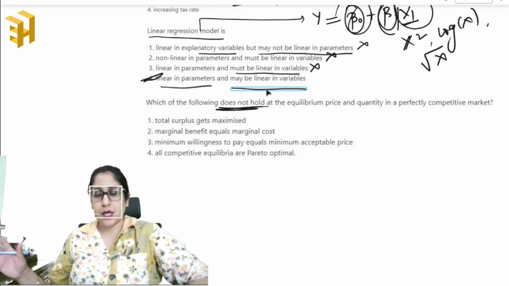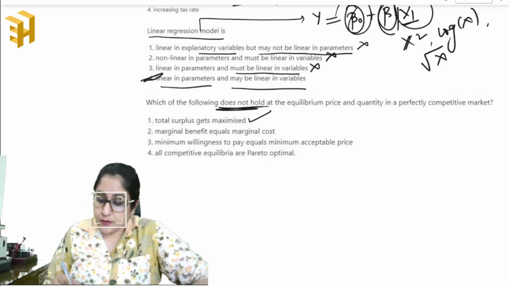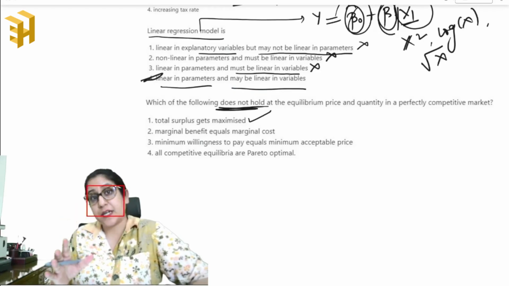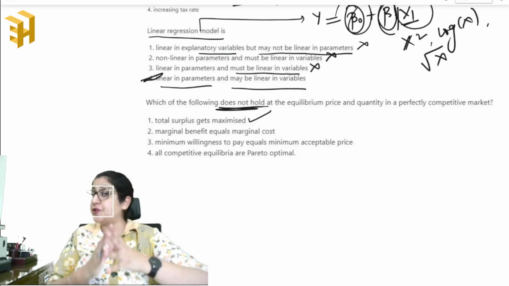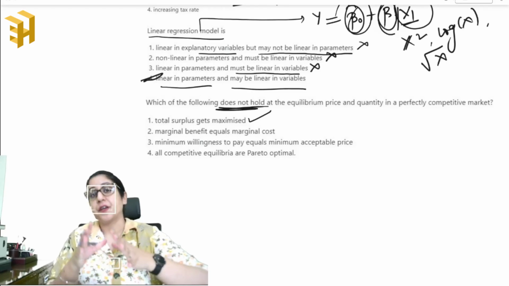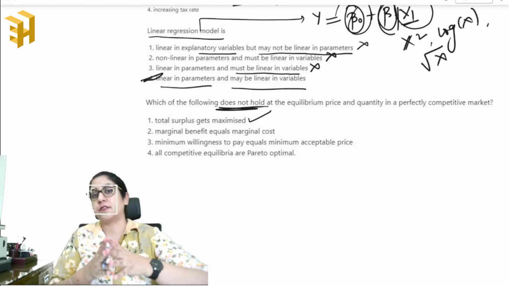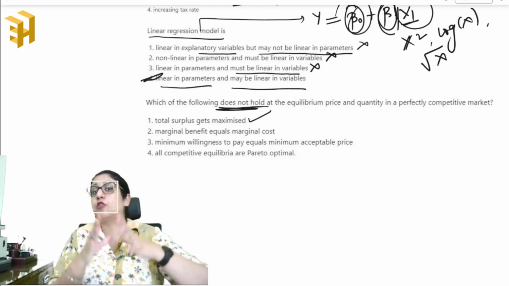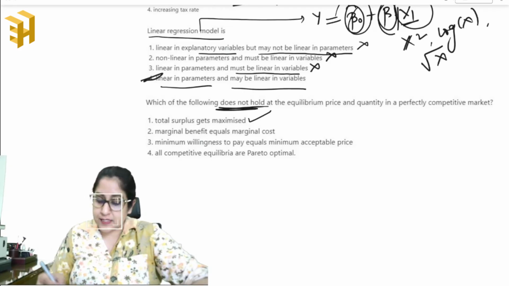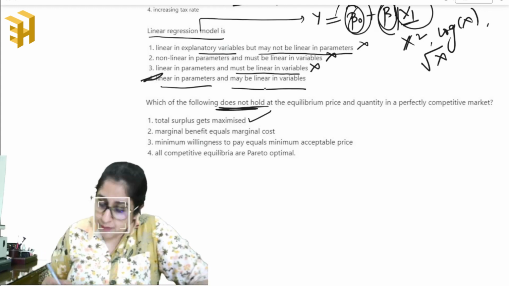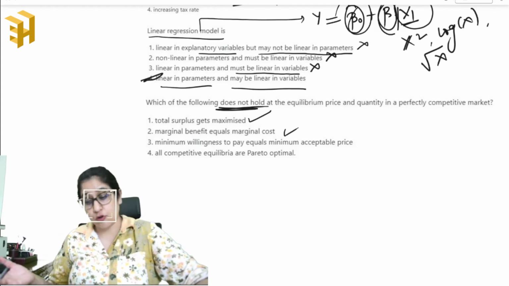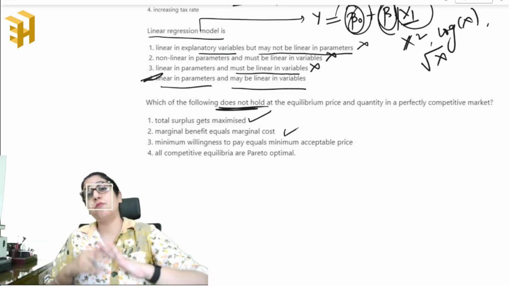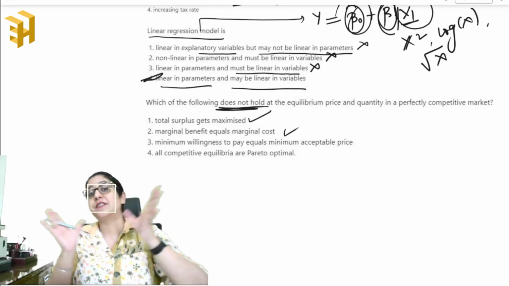It gets maximized because a perfectly competitive market is operating at an efficient allocation level. There is no deadweight loss, there is absolutely no wastage. Hence, this statement is true. Marginal benefit equals marginal cost. Yes, that is also true. Hence, it is called the most efficient kind of market scenario.